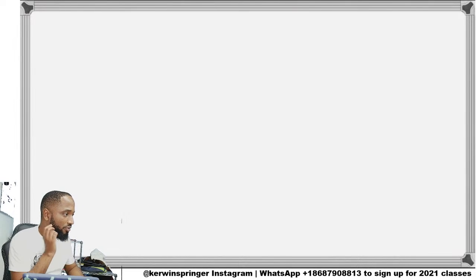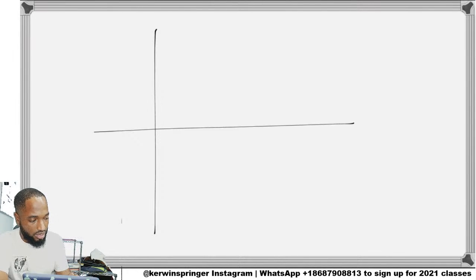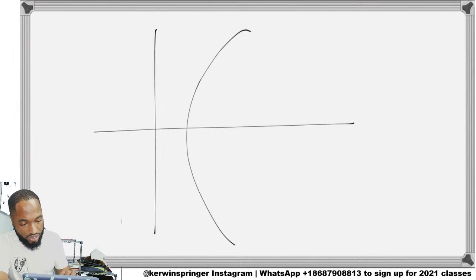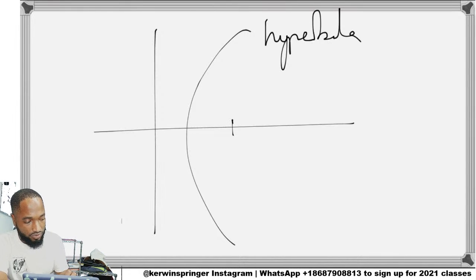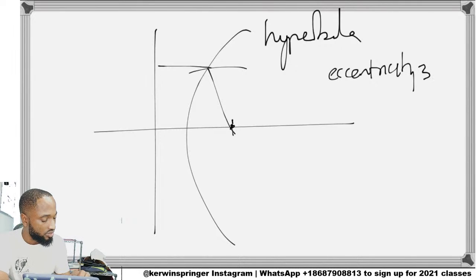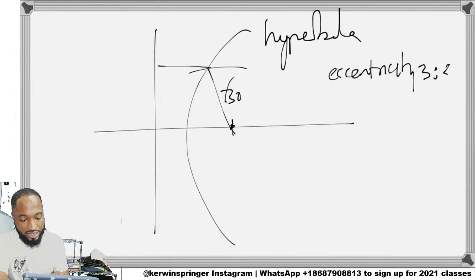How to bisect a line with a ratio, we talked about that already. So here we come to the directrix. What's the directrix? I'm trying to draw a straight line. If you're using a hyperbola, parabola, focal, if you draw a line from here to there, and they give the eccentricity ratio, eccentricity is like 3 to 2, using 30 here, or 60 here, or whatever number.